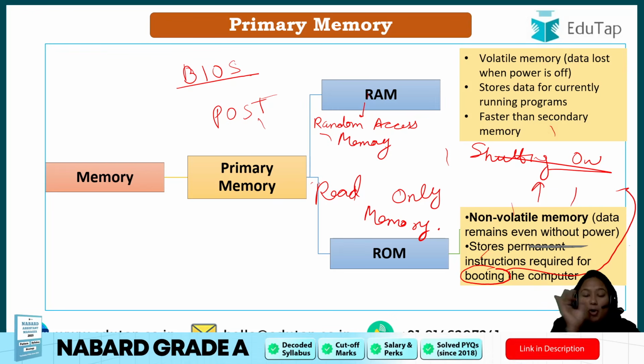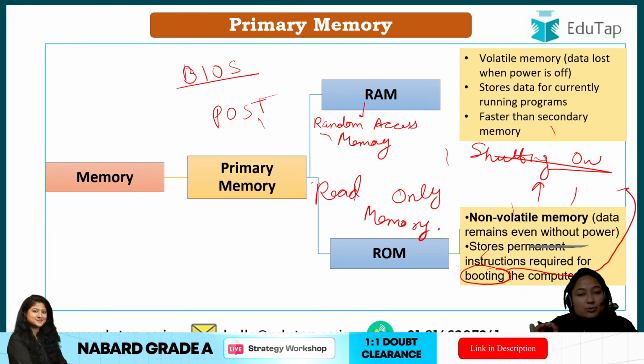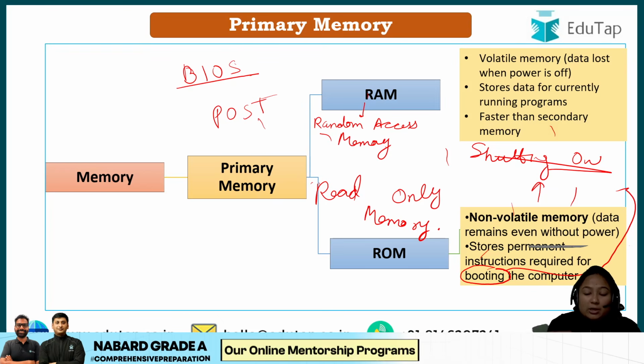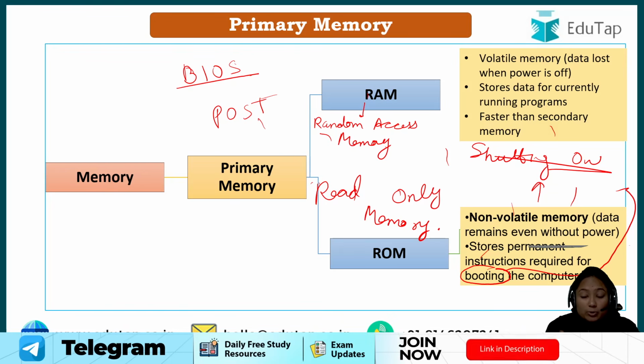Now all these things we are talking about, the BIOS and the data related to these, are stored in ROM, read only memory. If you want to switch on your computer, load your Windows, your input output system, your primary memory, what do you need? You need to have solid software in the ROM.